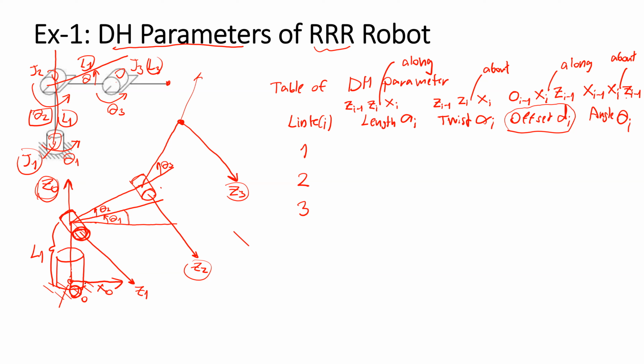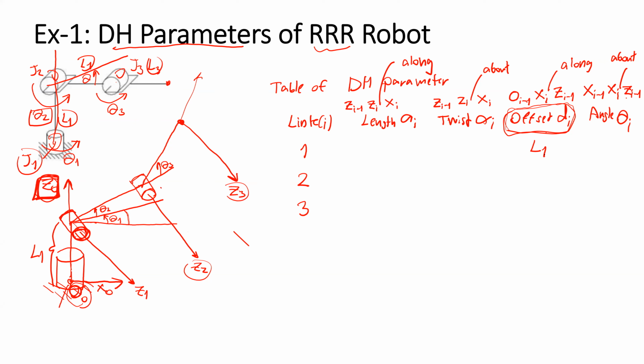If we set the origin of frame 0 on the floor, to find the link offset we need to find the distance from origin 0 to x1 along C0, which means the offset should be something like here.